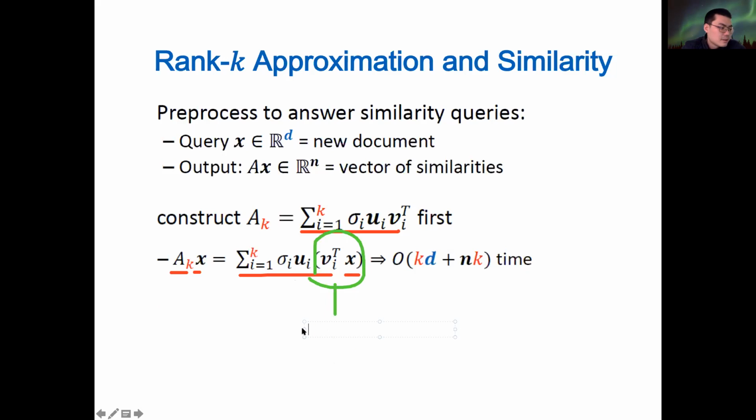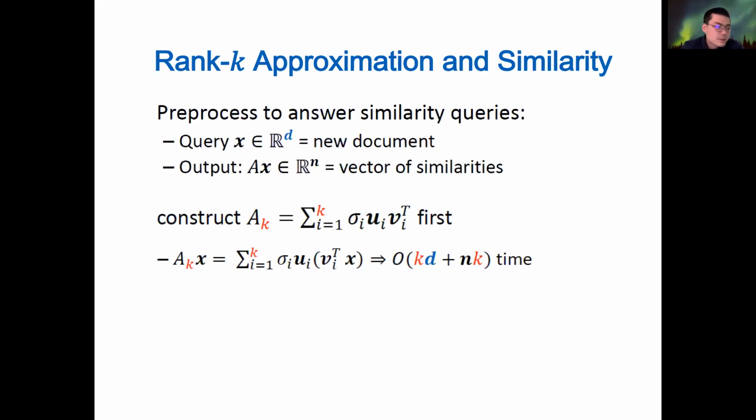This thing is a scalar, and this thing is also a scalar. So the only vector is this one, the Ui. These are the values. This is one thing you need to pay attention to.